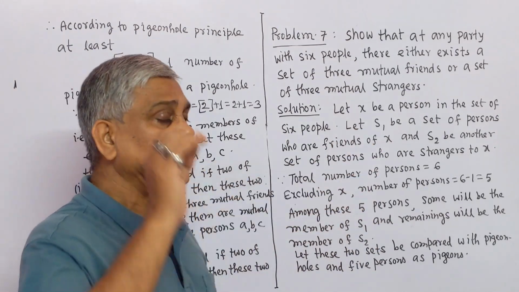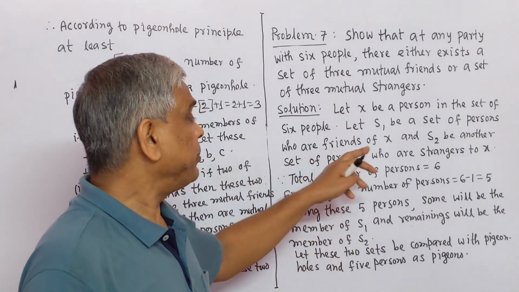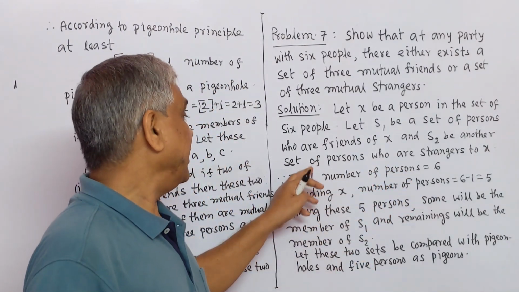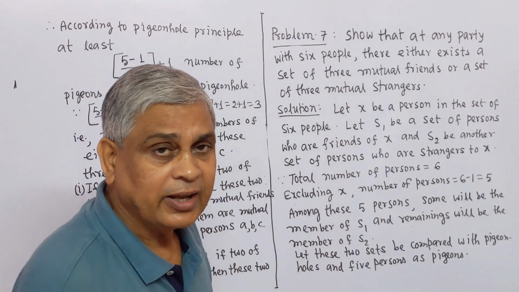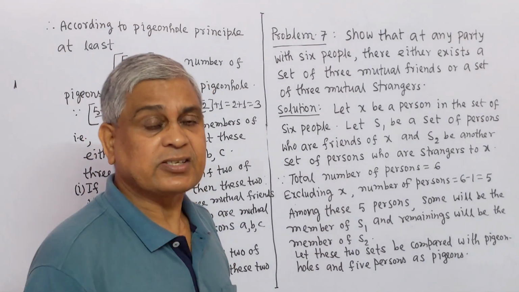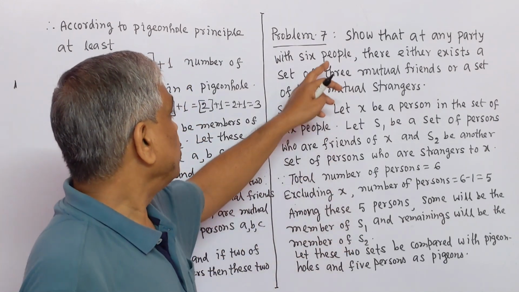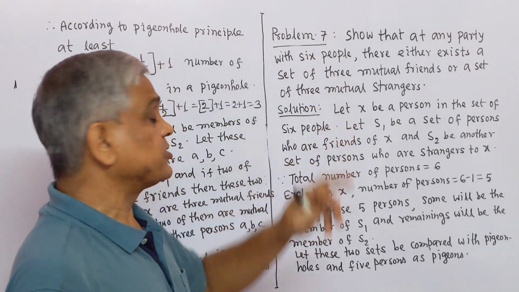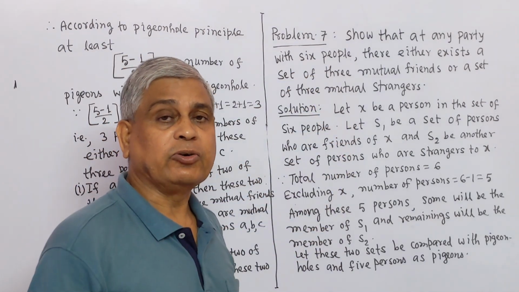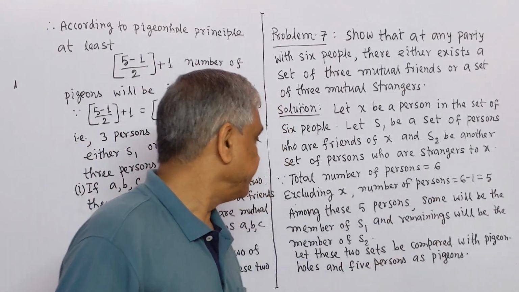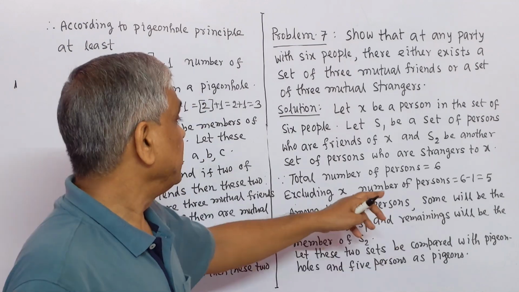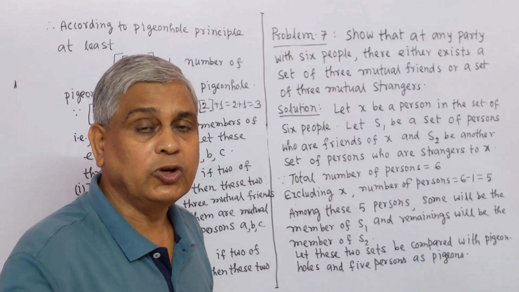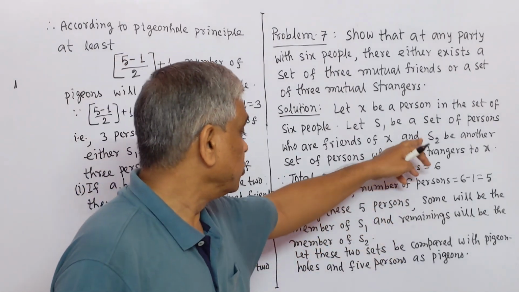Let S1 be the set of persons who are friends of X, and S2 be another set of persons who are strangers to X. Since total number of people equal to 6, therefore excluding X, number of persons equal to 6 minus 1 equal to 5. Among these 5 persons, some will be members of S1 and remaining will be the members of S2.